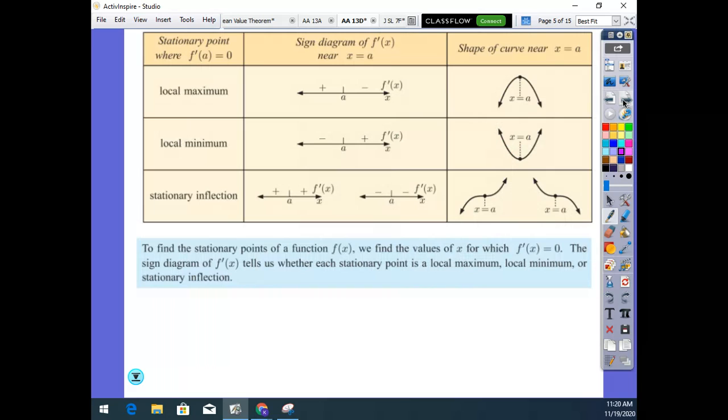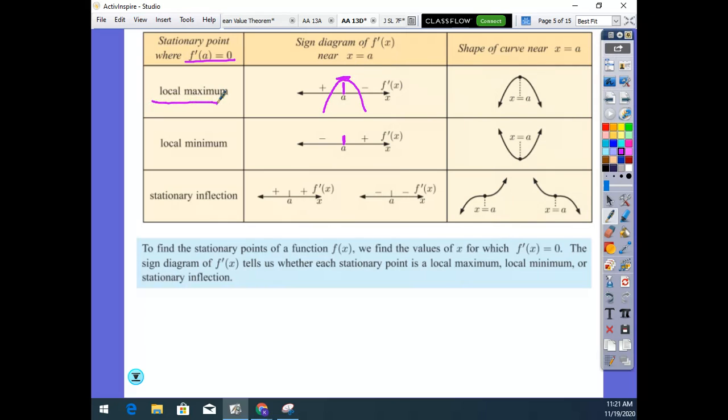All right, so this is how we're going to use our sign diagrams. We're going to put where our f prime equals 0. I actually draw this picture on top of my sign chart. This says it's increasing, 0 slope, decreasing. So you can see that it's a local max.